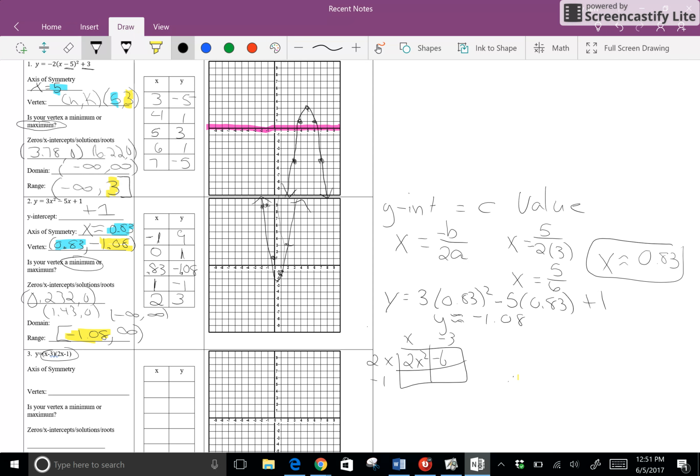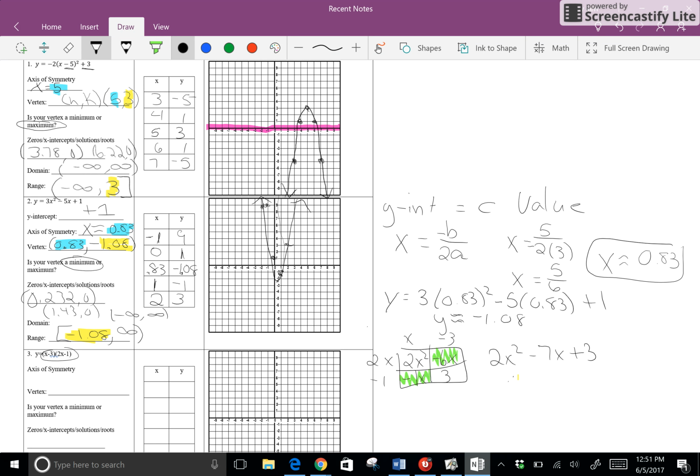And you multiply in. 2x times x is 2x squared. 2x times negative 3 gets you negative 6x. Negative 1 times x gets you negative 1x. And then 3. And then these are like terms. So then you're going to be left with 2x squared minus 7x plus 3. So you can do it that way.